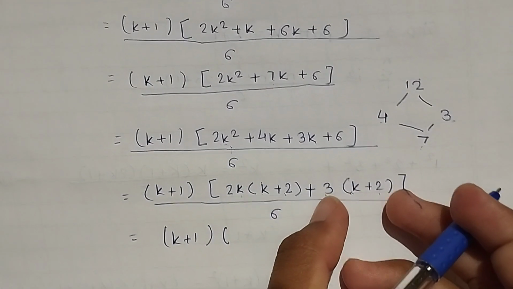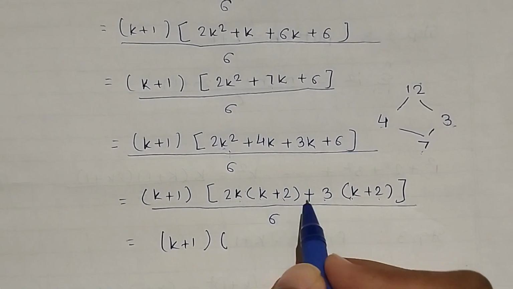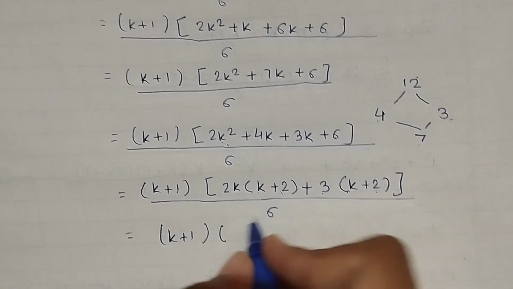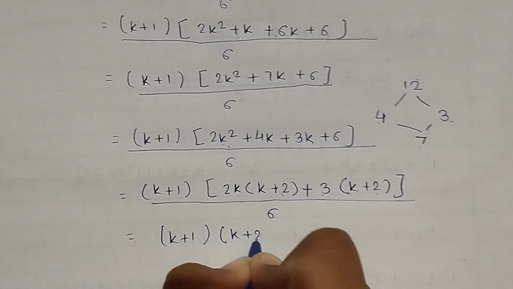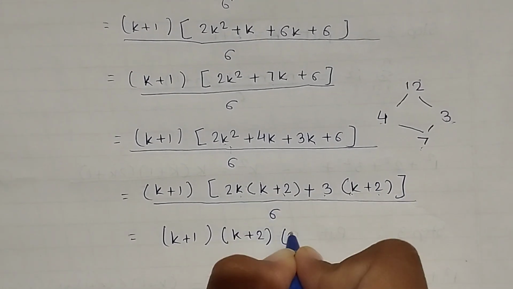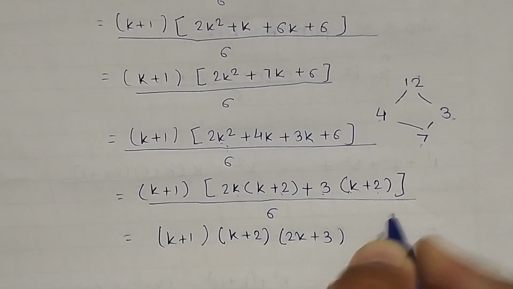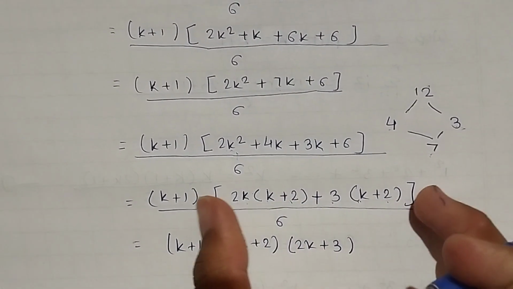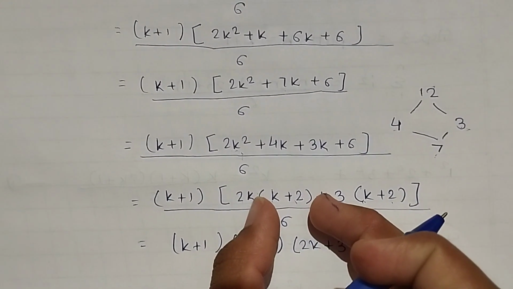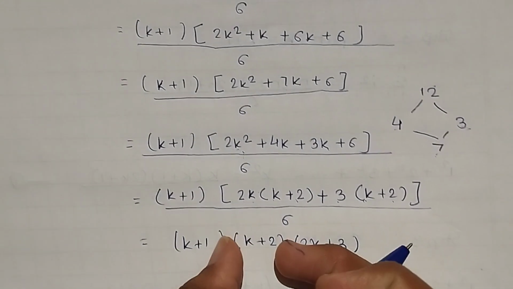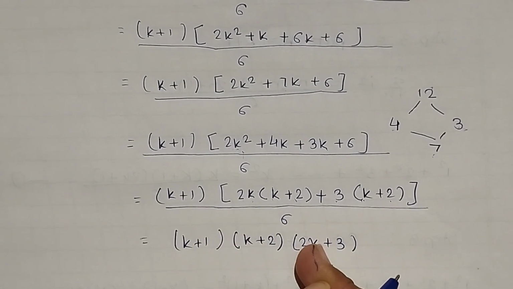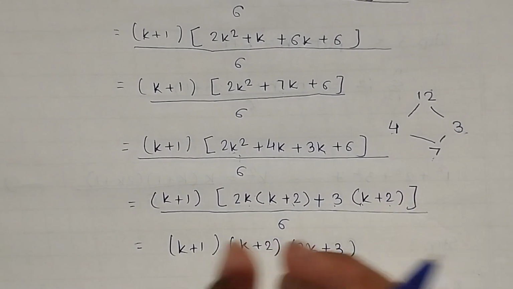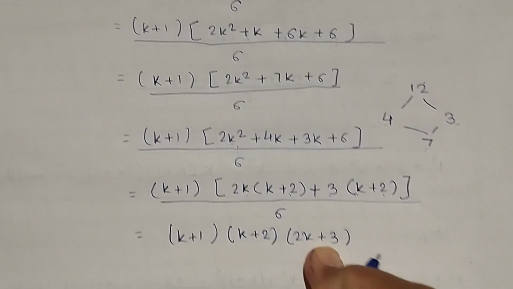Now k plus 1 into this, we put k plus 2 common from the whole bracket. So k plus 2, and 2k plus 3. I hope you get it. We take k plus 2 common, the remaining 2k we write here, and then the remaining 3.